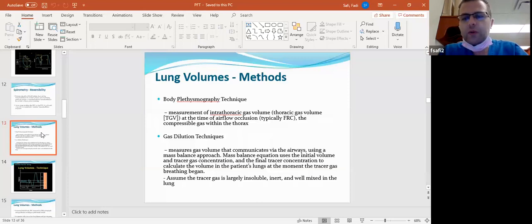Then they ask you to breathe in and out, simple breaths and forceful breaths. Once you do that, there will be a change in the amount of air and pressure in the box. They measure these changes, and they reflect the changes from outside your body to the changes inside your body.